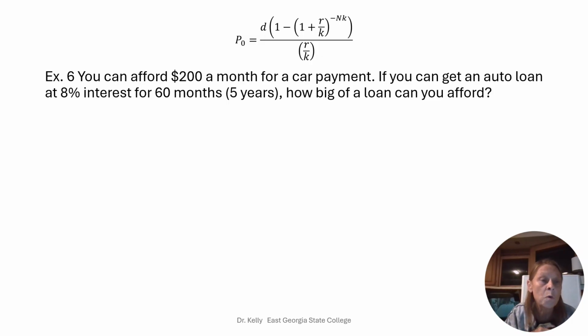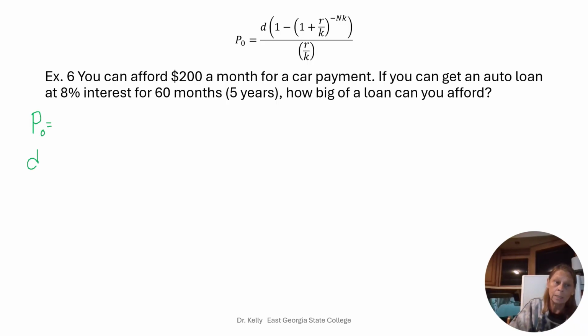Okay. 2 more. You can afford $200 a month for a car payment. If you can get an auto loan at 8% interest for 60 months, take it for number 1. But how big of a loan can you afford? Okay. Well, let's throw down our variables here. We got P naught.